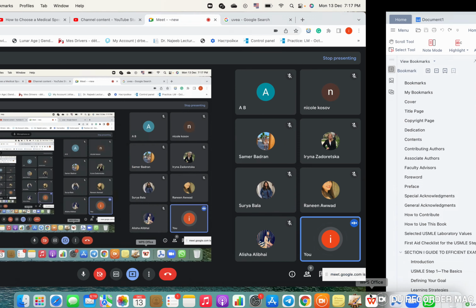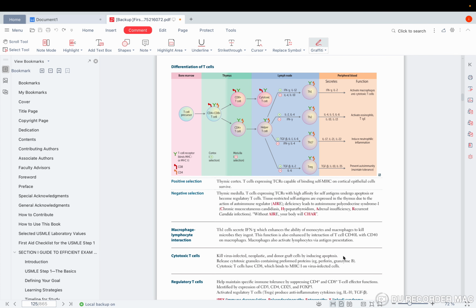Okay, let's keep going. So if we speak about differentiation of T cells, guys, T helper 1, T helper 2, T helper 17, and Treg. Which one of the following is responsible for the cellular immunity?